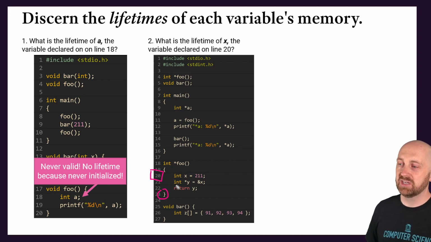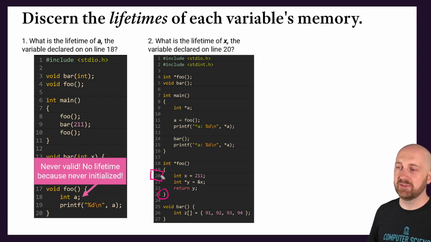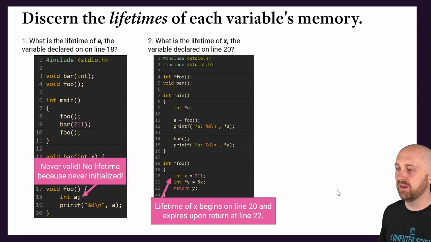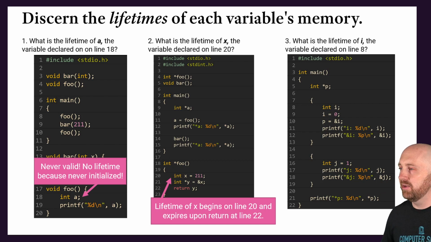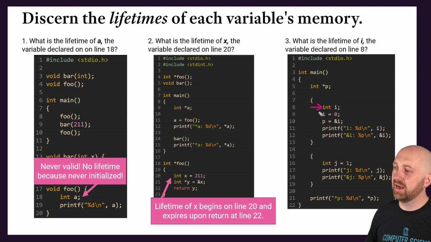The concern here was that we returned Y, which was an address of X, and that caused a leakage of that memory address outside of the scope of its validity, or outside of its lifetime. And lastly, what is the lifetime of I? This is the example we just looked at, and just to remind ourselves, its lifetime did not begin on line 8.